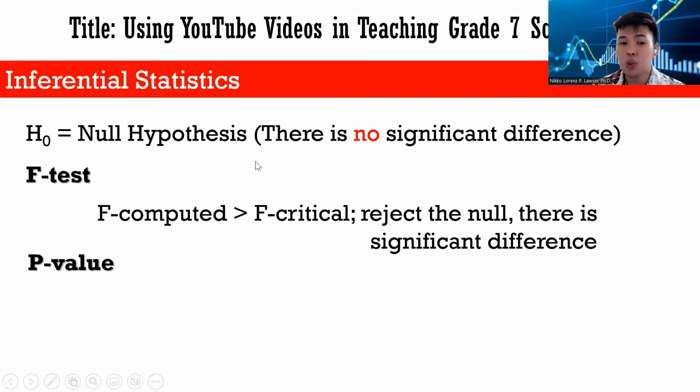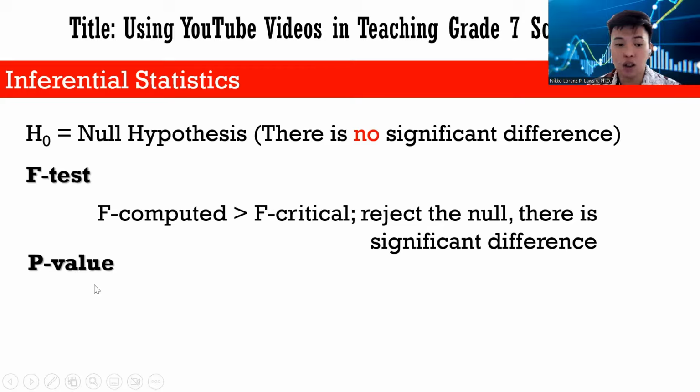So there are two ways to reject or accept the null hypothesis. We can use the f-test. If the f computed value is greater than the f critical value, we can reject the null hypothesis. Therefore, there is significant difference. Reject the null because the null is there is no significant difference. If we reject it, therefore, there is significant difference.